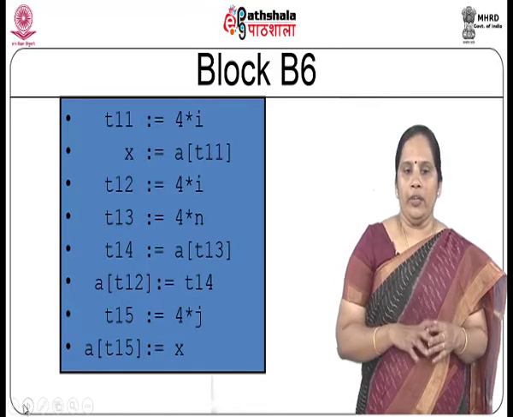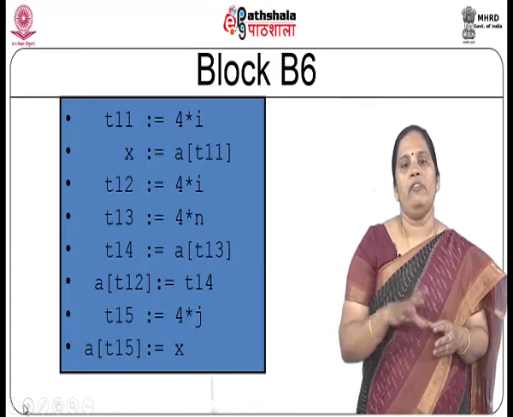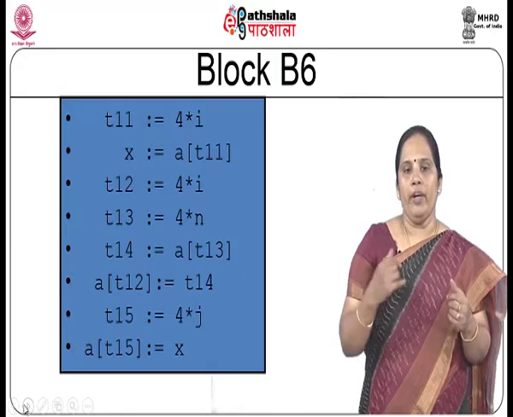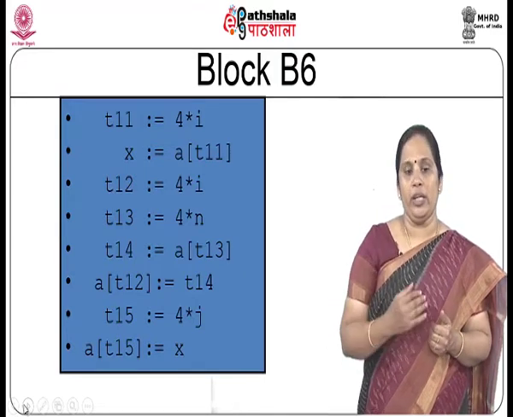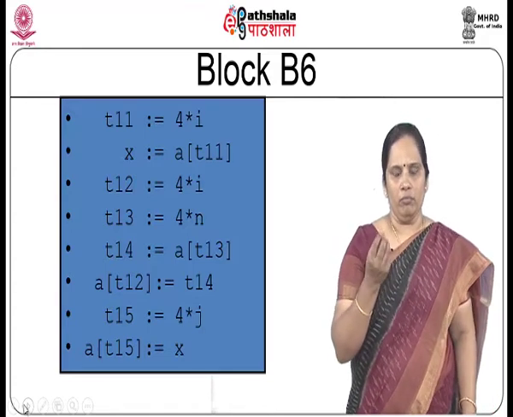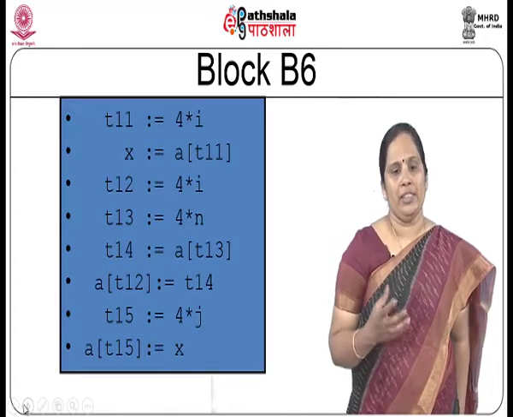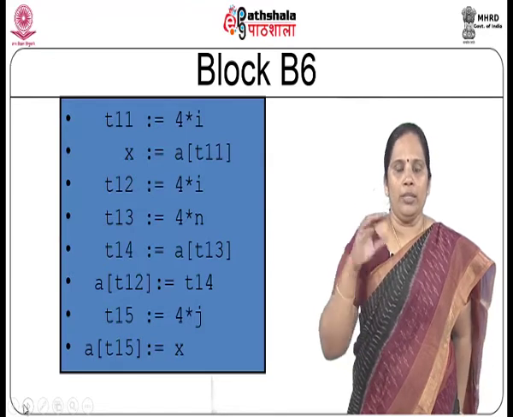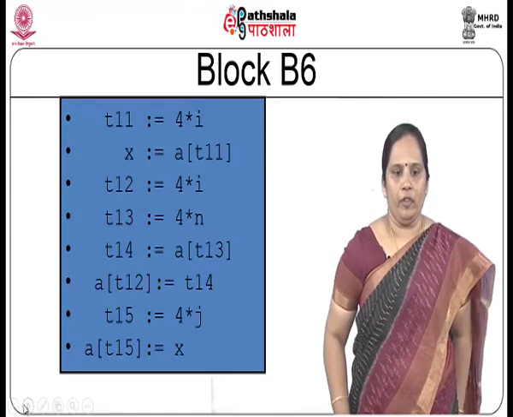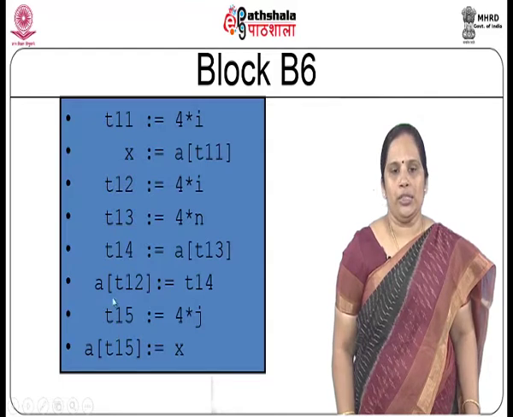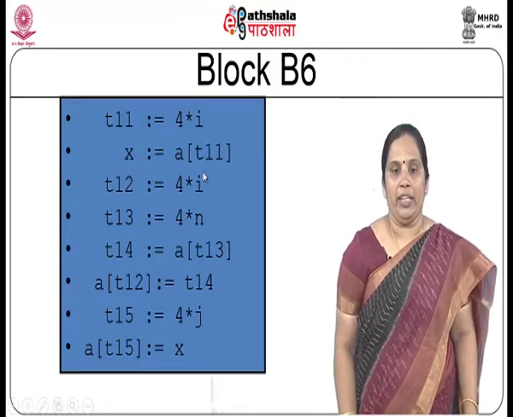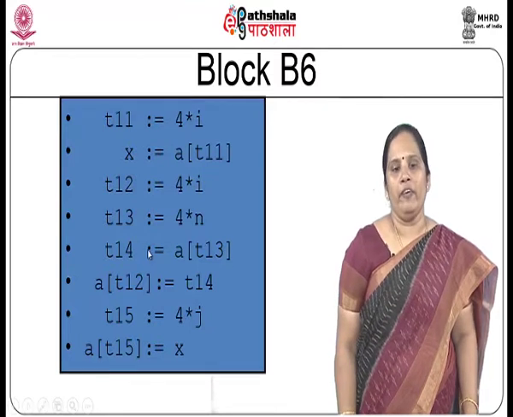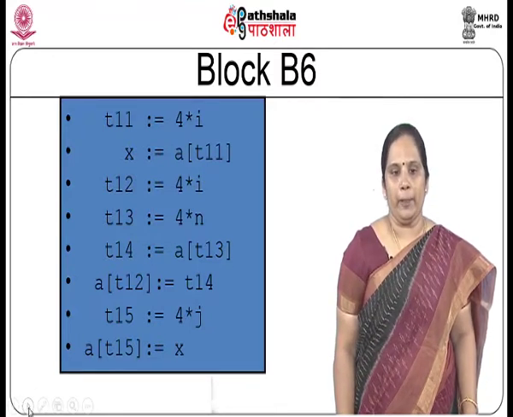The reason for choosing blocks B5 and B6 is that they have so many statements and definitely require optimization. The other blocks do not have many statements, so it is better to start from blocks B5 and B6.